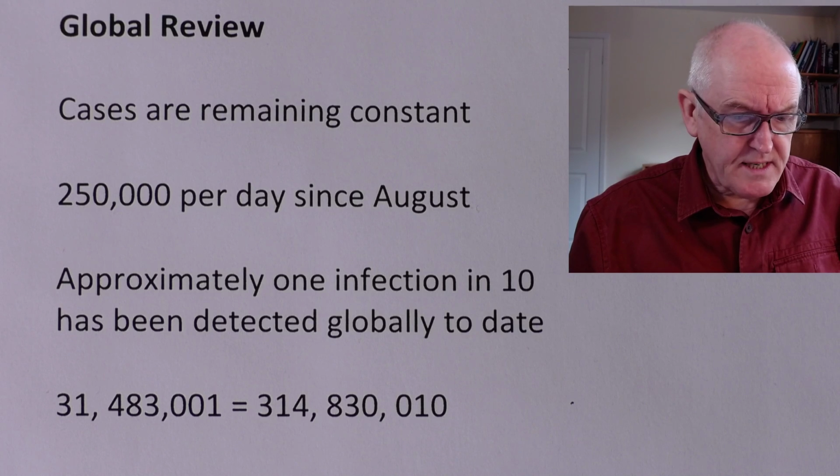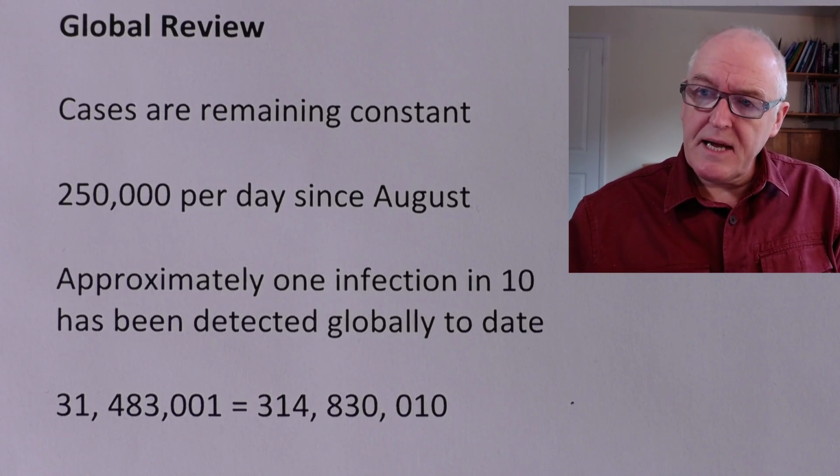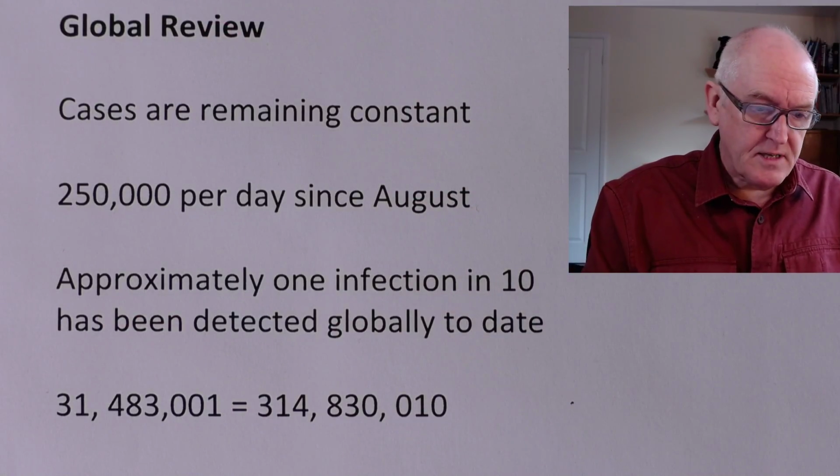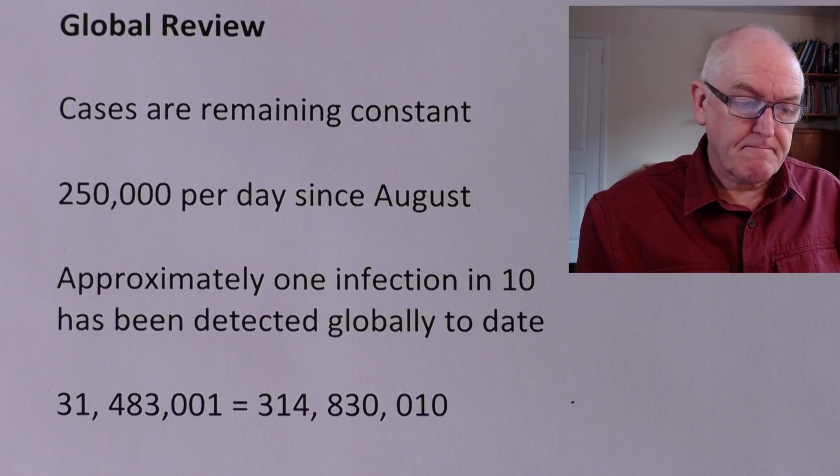Now, approximately 1 in 10 infections has been detected. So, interesting, what they're saying here is that only 10% of the infections that exist in the world have been detected. So, the official figures at the moment are 31.5 million diagnosed cases.